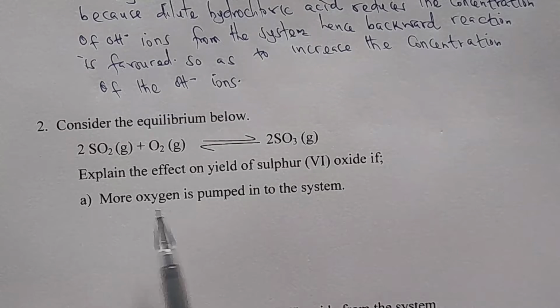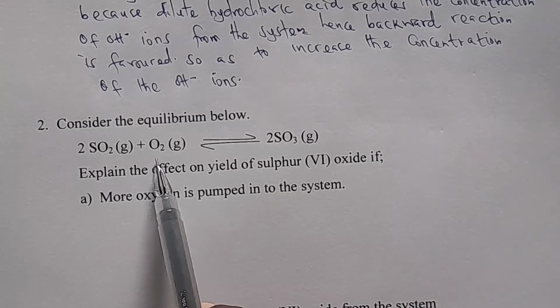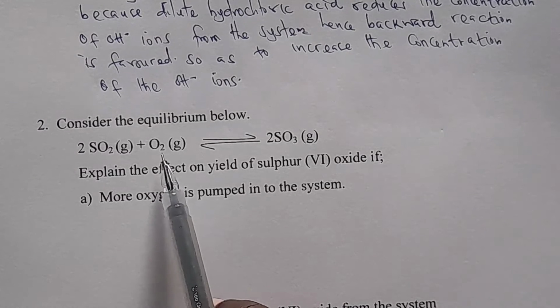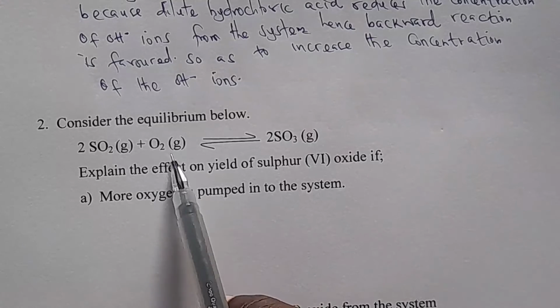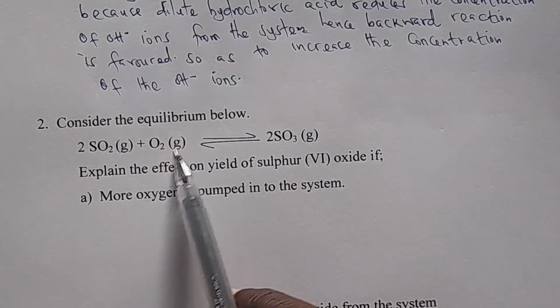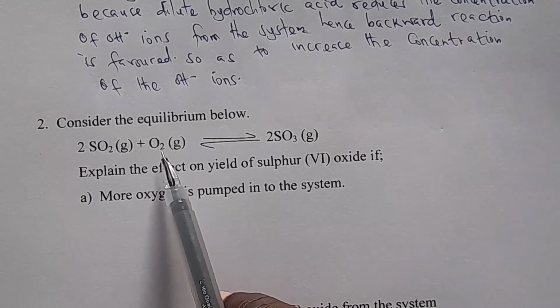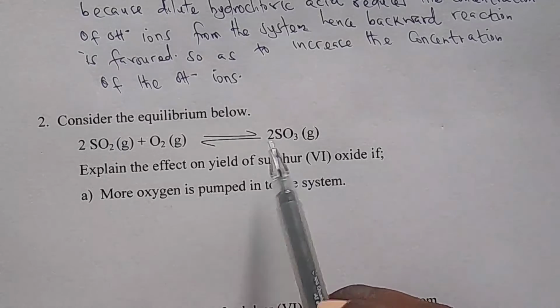Oxygen is on the left side of the equation. If we increase the concentration of oxygen gas, the equilibrium will shift to the right so as to reduce the concentration of the oxygen gas. So the yield of sulfur(VI) oxide will increase.